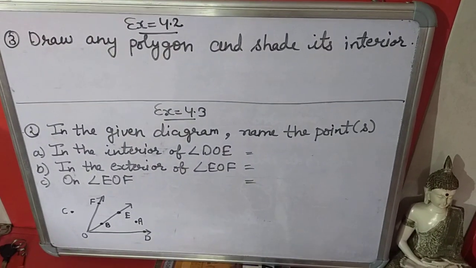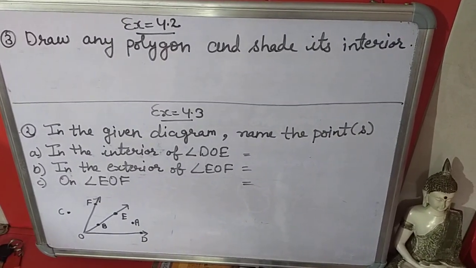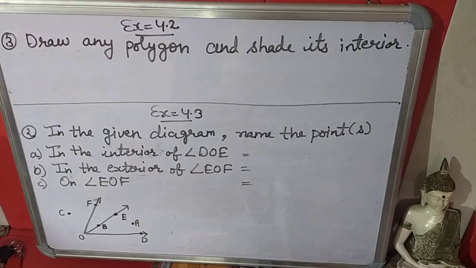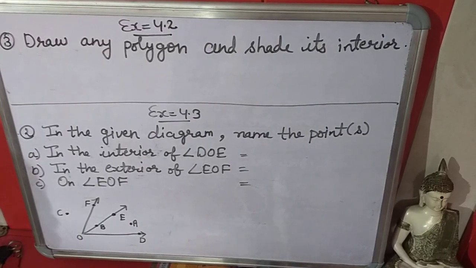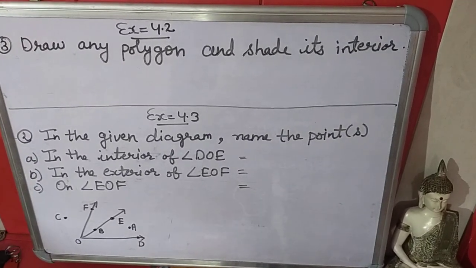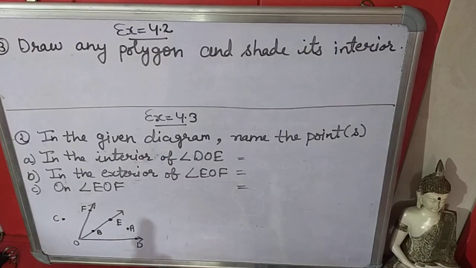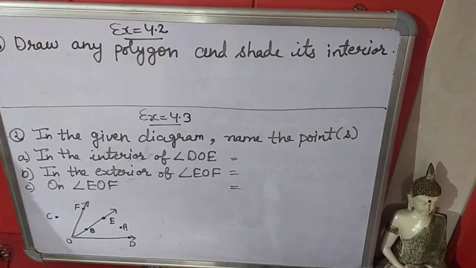Next, third question of exercise 4.2. Draw any polygon and shade its interior. What is a polygon? The figures that are made up of line segments, not with curved sides, are called polygons.